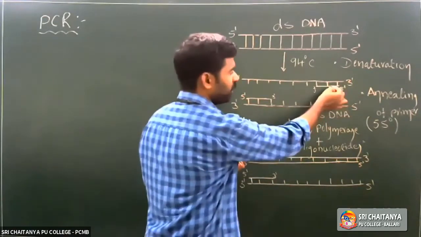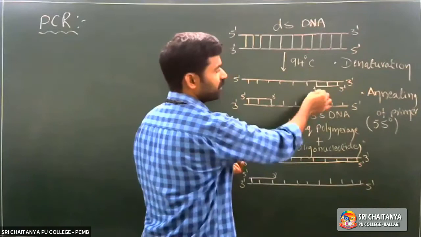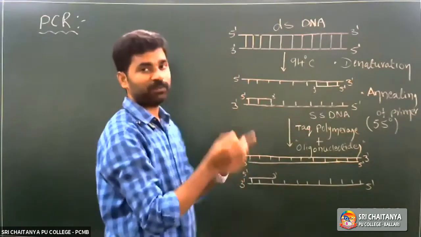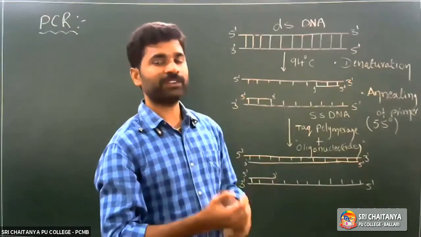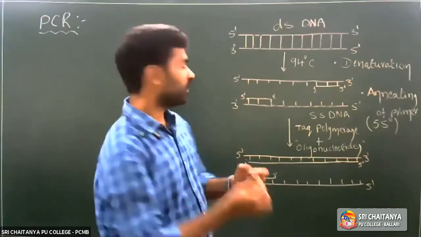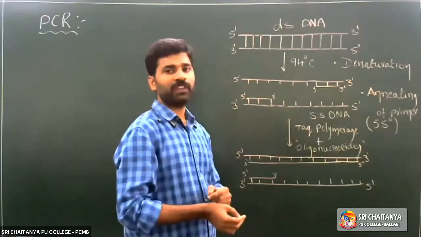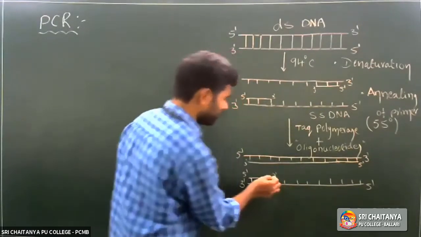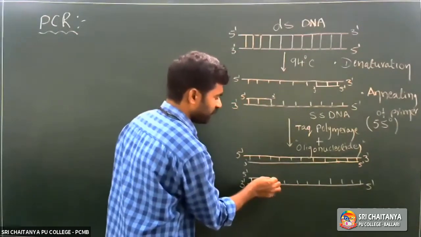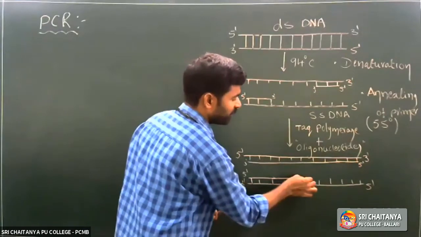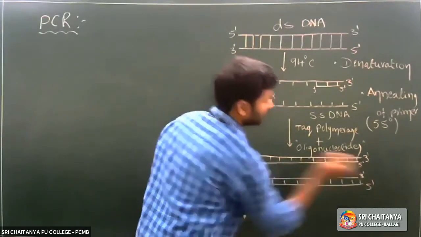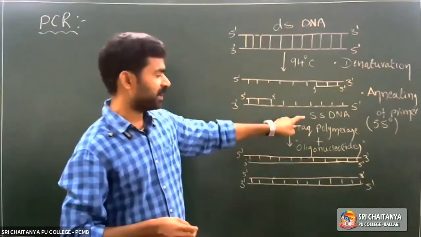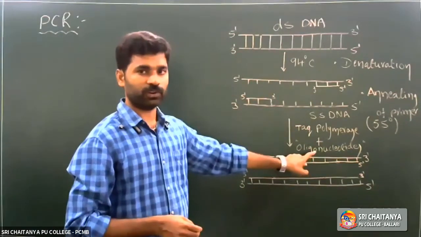It means the primer which is arranged in 5 prime to 3 prime is extended in 5 prime to 3 prime direction by the addition of new nucleotides, with the help of Taq polymerase enzyme. Coming here, this strand also is extended, that primer also extended in 5 prime to 3 prime direction with the help of Taq polymerase enzyme and oligonucleotides.